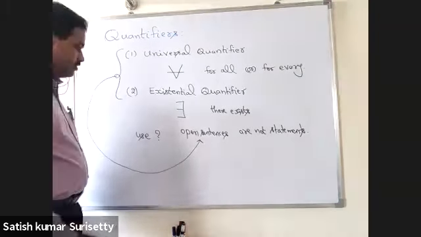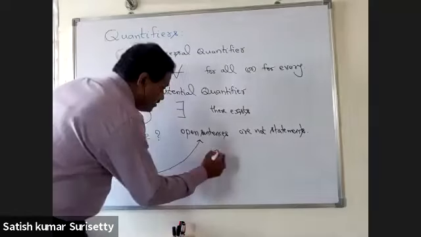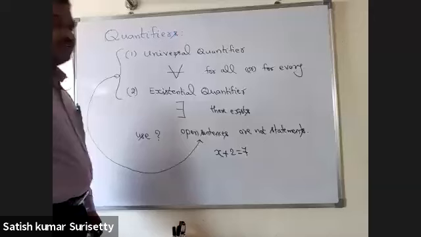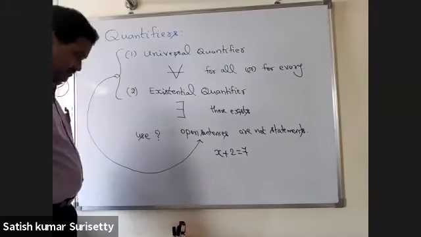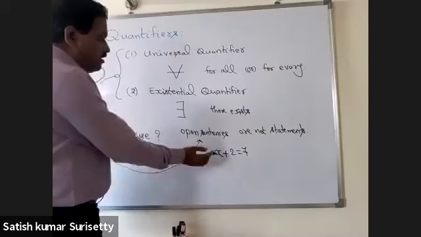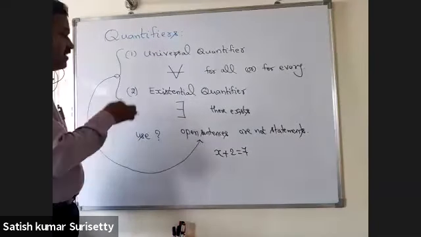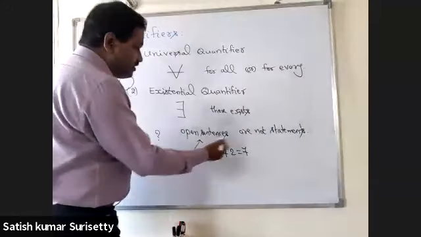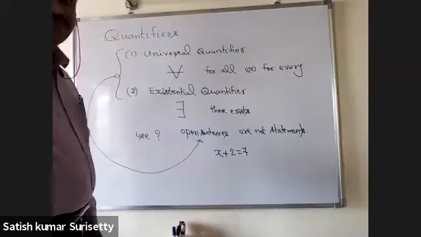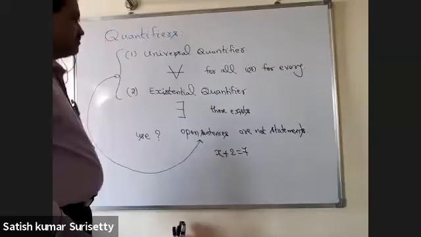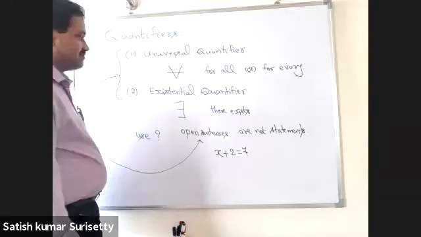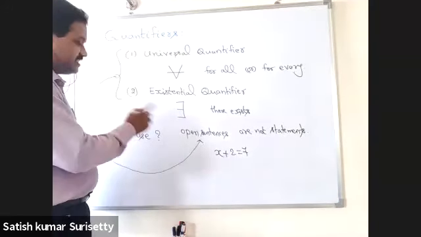Now, how to use them? Suppose I say x plus 2 equal to 7. Is it an open sentence? Yes. Which quantifier should I use so that I can convert this open sentence into a statement? Existential quantifier.